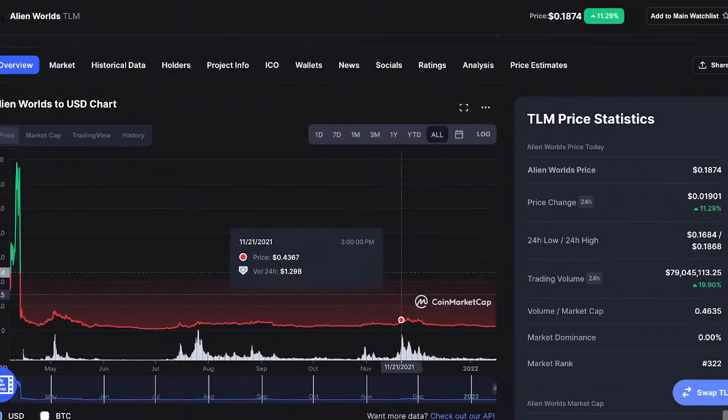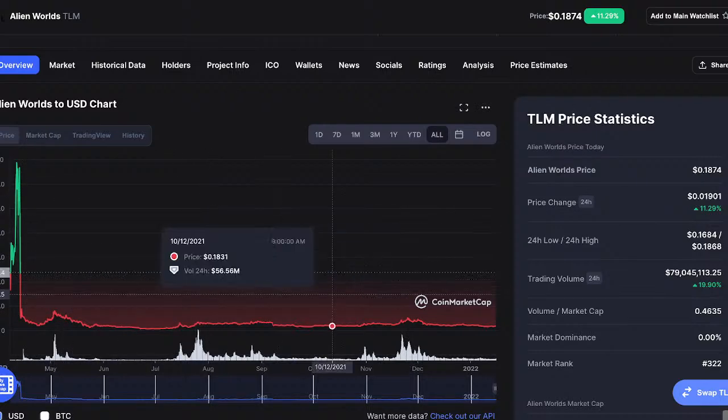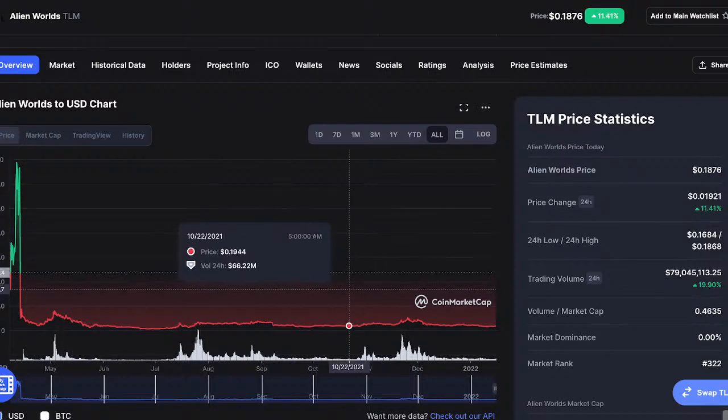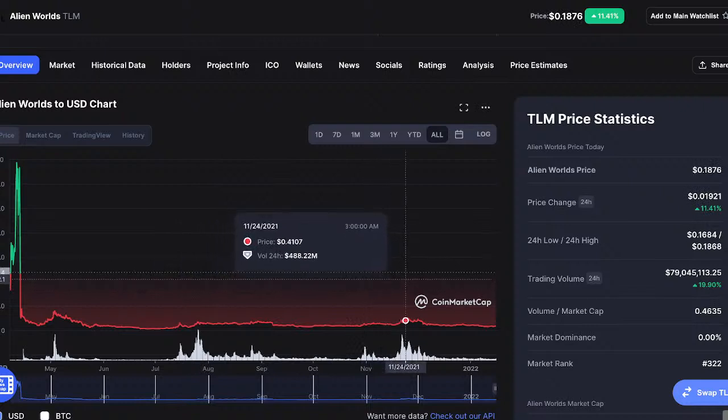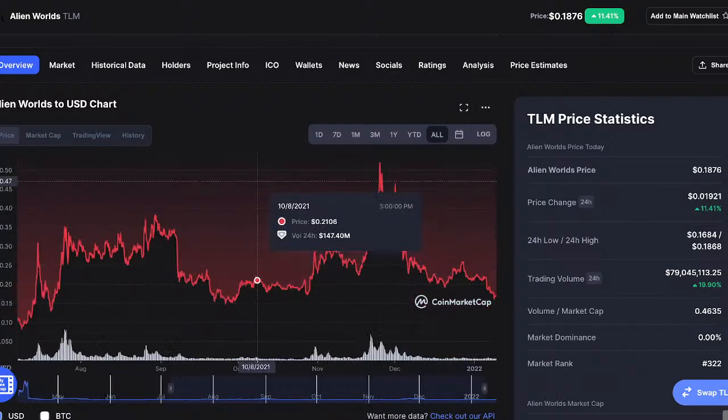I will only be investing up to 1 or 2%, but I personally think that it is worth the risk because I think that we could see potential major increases taking place on this cryptocurrency. So yeah, I'm not very bullish, but I must say that I do see a possible increase taking place for sure on Alien Worlds, or TLM as you might call it.